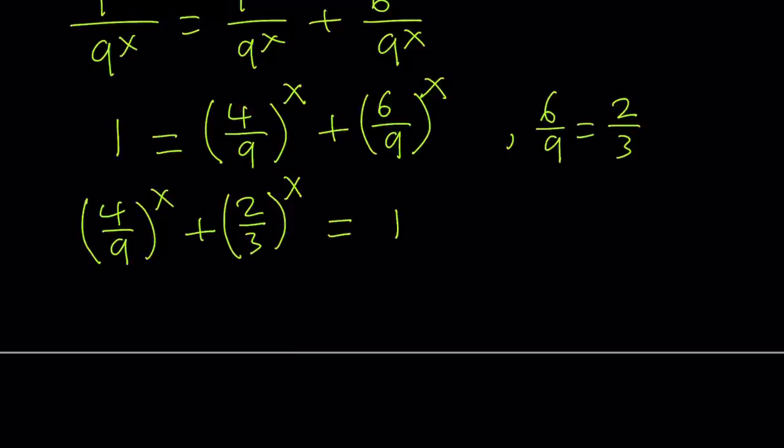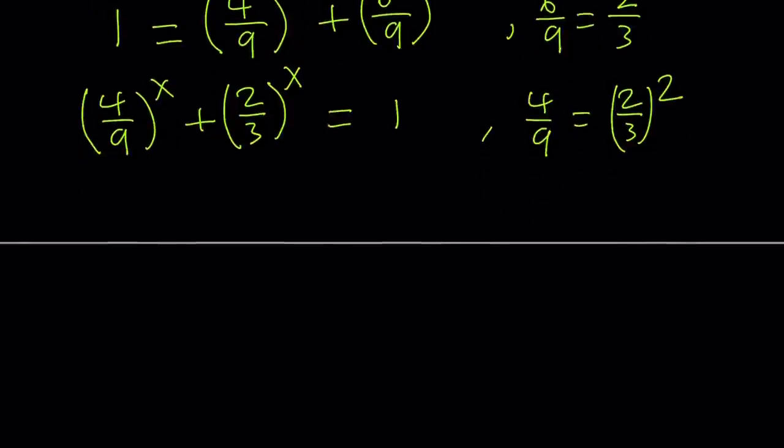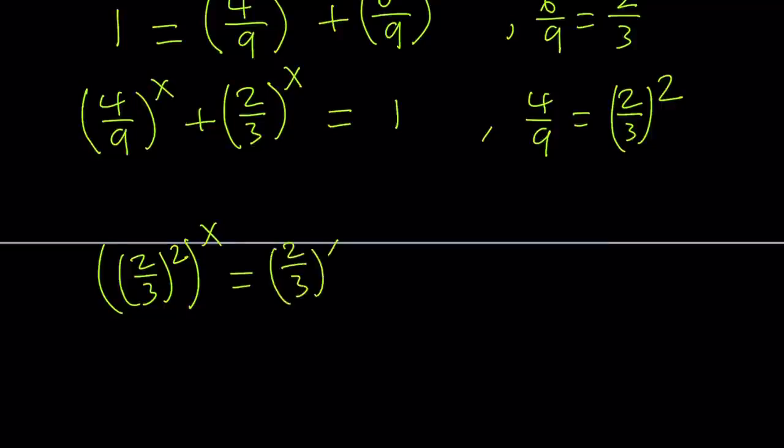Now notice that I told you something at the beginning, right? 9 times 4 is 36, and that happens to be 6 squared, right? So those numbers are related, and you can write 4 9ths as 2/3 squared. So if you write the 4 9ths to the power x as 2/3 squared to the power x, that can be written as 2/3 to the power 2x or 2/3 to the power x squared, right?